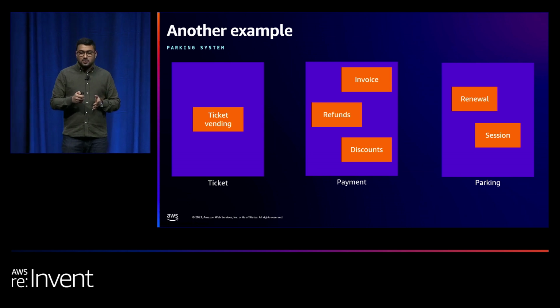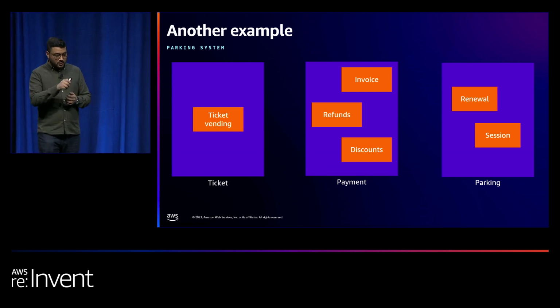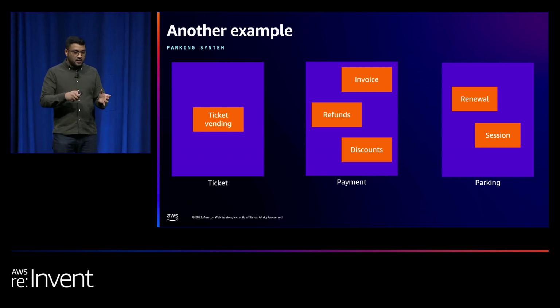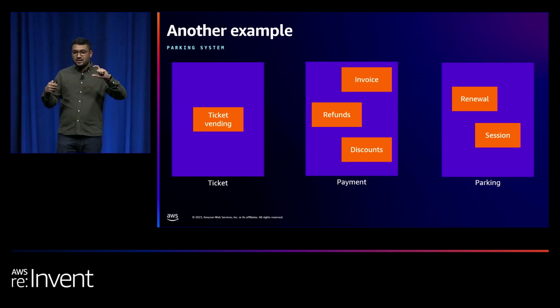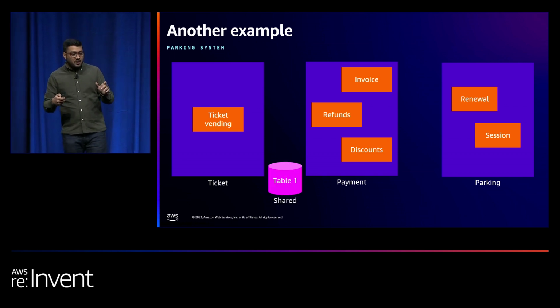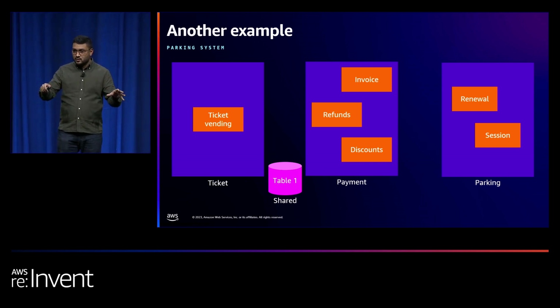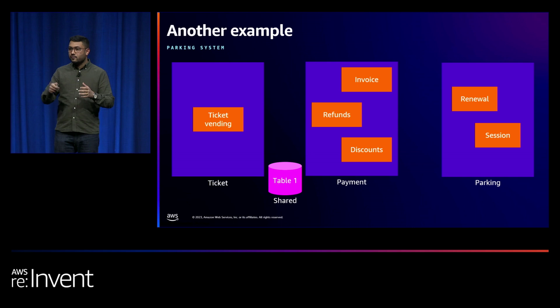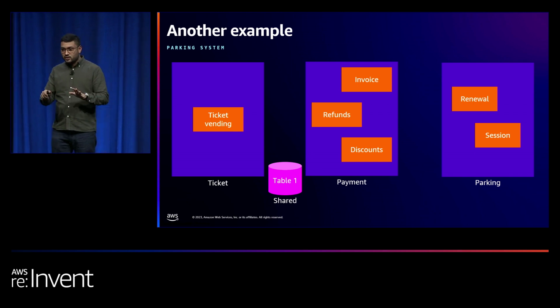Now, when you create item collections and apply domain-driven design principles on this, what you will find is the ticket entity is interacting with invoice, refunds, and discount, because all of these actions are dedicated to one ticket, which is independently available. So you will end up having one table that is shared between these two contexts, because in the single table design, all of the entities and attributes inside of these two are connected to each other.